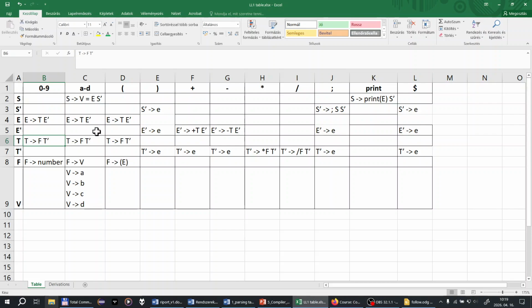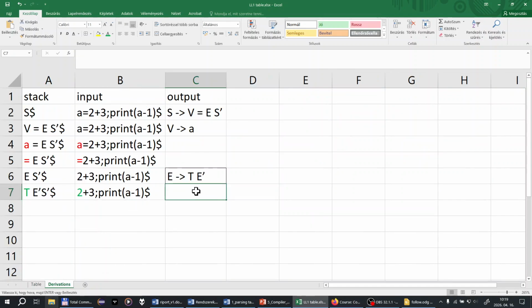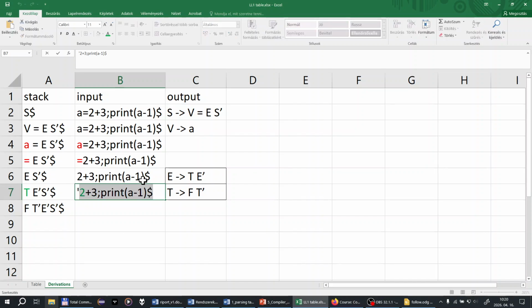So here we have this T to FT prime, T to FT prime, and then we have FT prime at the beginning, and then E prime, S prime, and the dollar sign, and at the beginning of the input we have these.